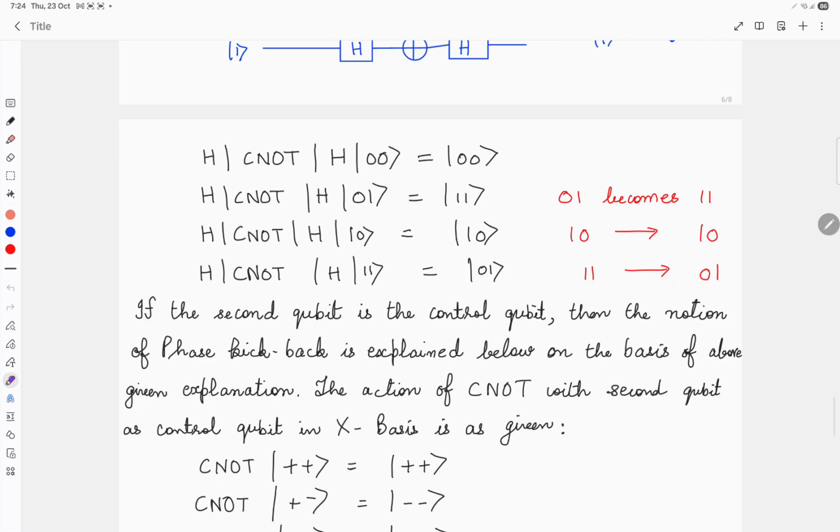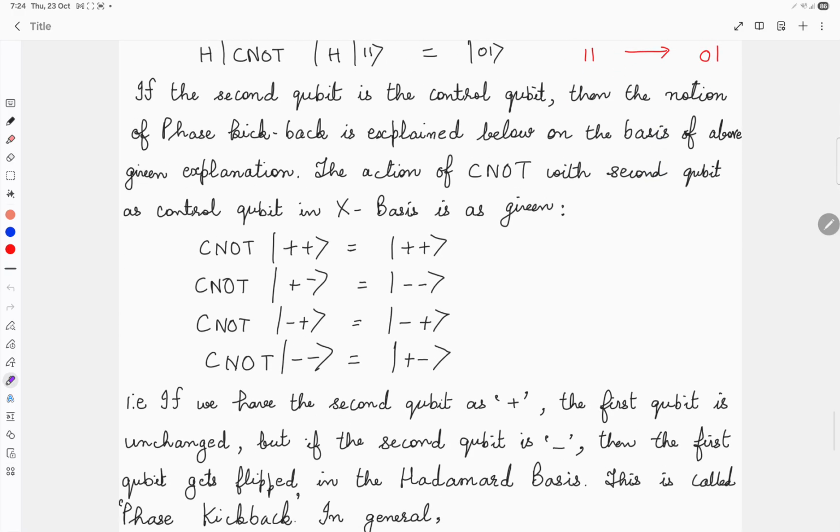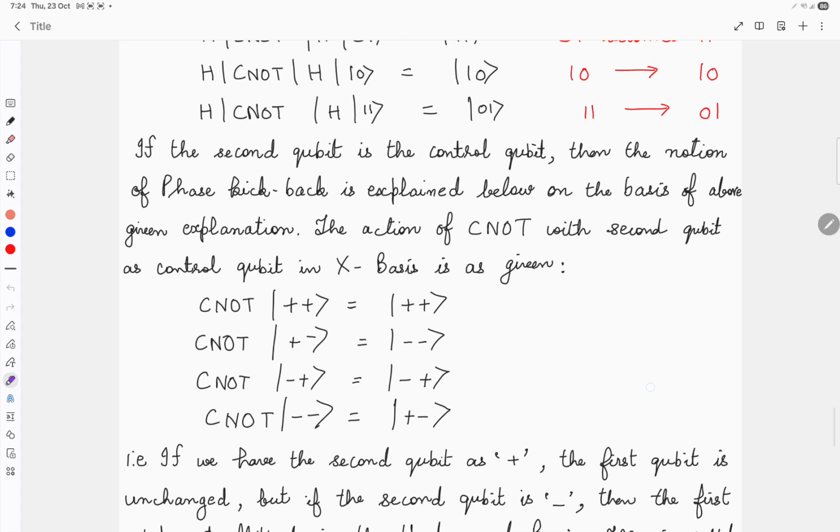Now just as we have explained it for 0 and 1, the same logic if we try to explain with the X basis or the Hadamard basis, like if we apply the CNOT gate, this is that gate where the second qubit is the control qubit and the first qubit is the target qubit. Now we apply it in the Hadamard basis. That means if our second qubit is plus, there will not be any change in the first qubit, so it will get plus plus as the output.